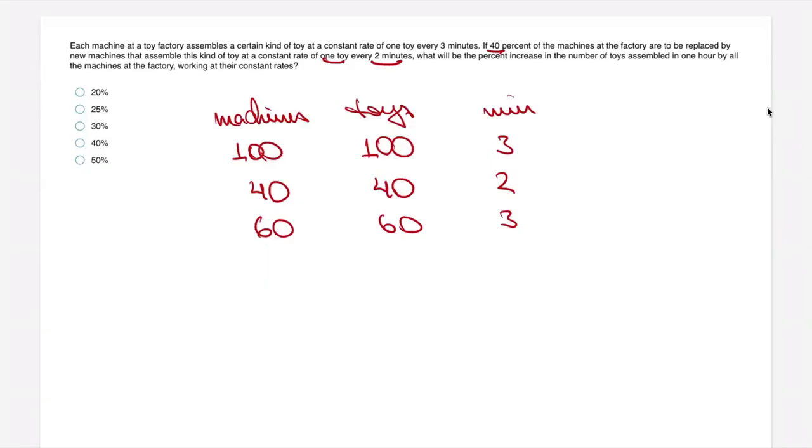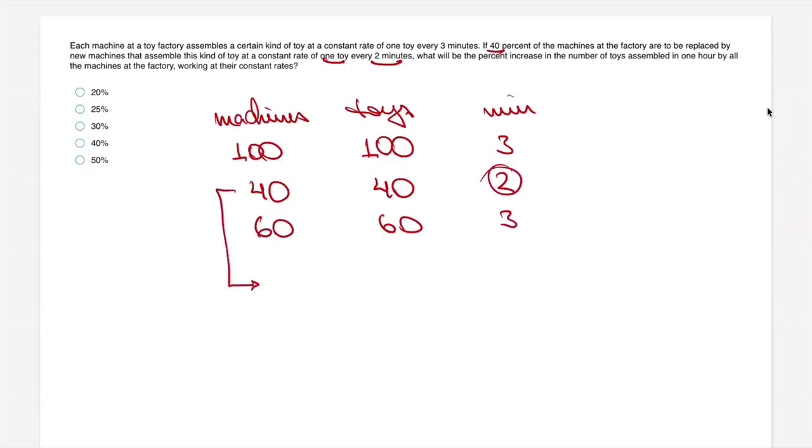Because he wants, with these new machines, how many more toys in terms of percentage, compared to the older machines. But I need to adjust the time. I need to see the rate through the same period of time. So I transform this into 3 minutes.